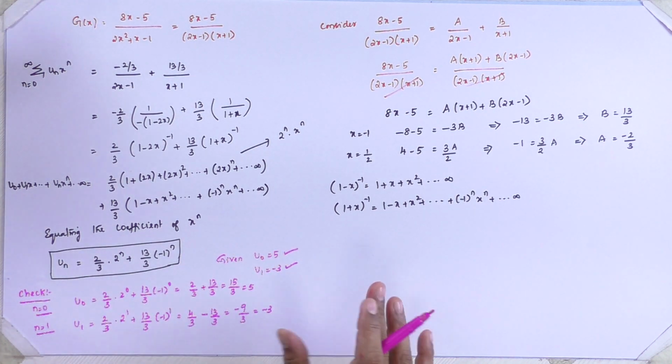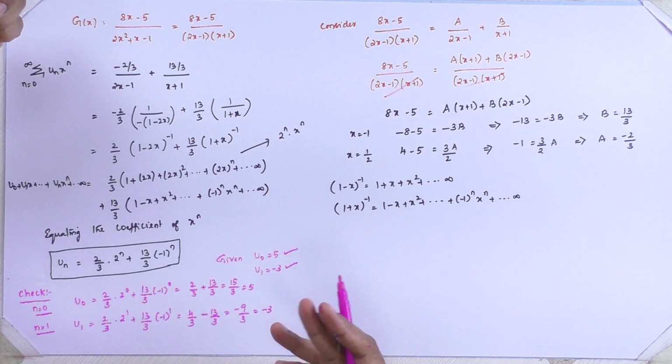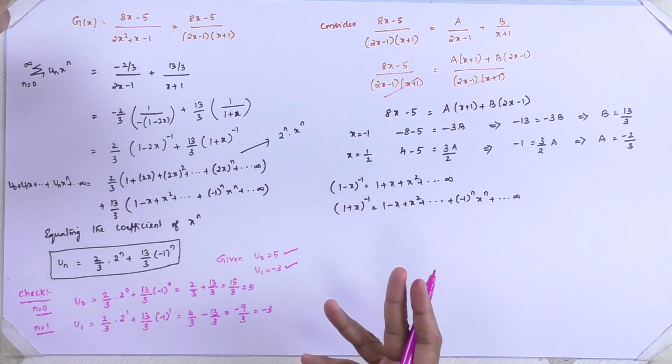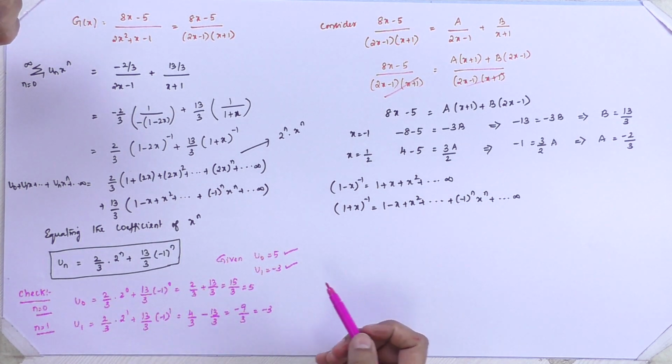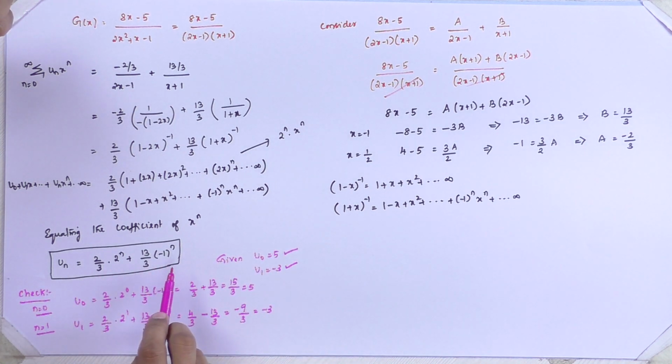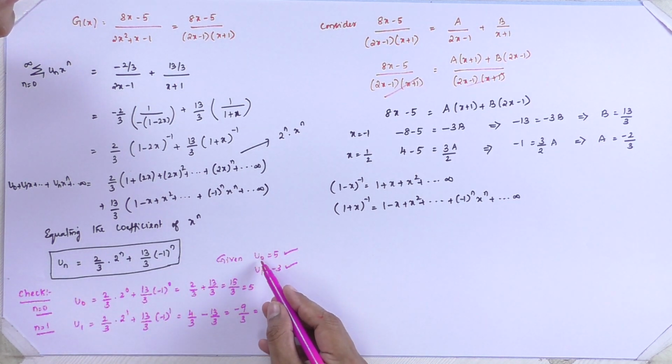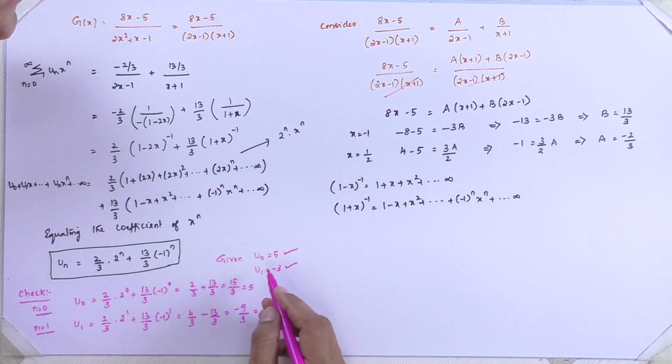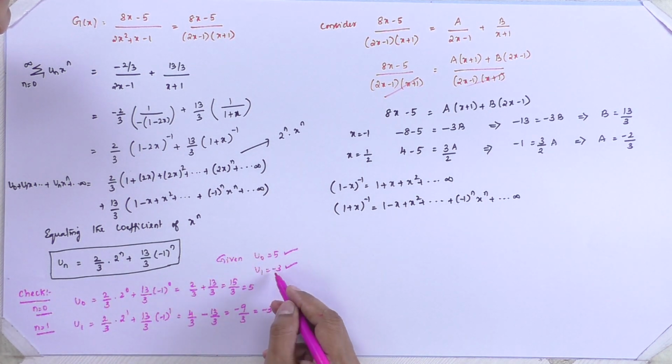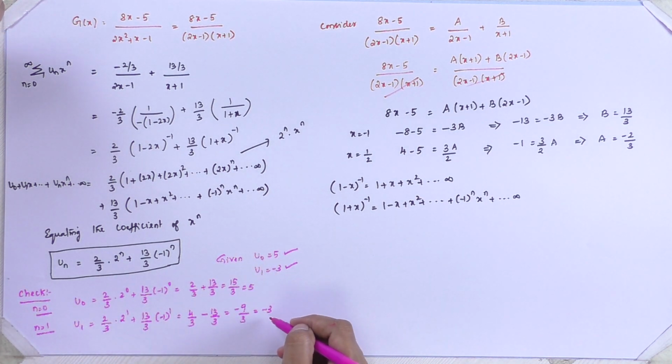See here, whenever we make use of a generating function and we solve any recurrence relation or difference equation, at the end, after getting the desired result, we can cross check whether it is right or wrong. So now I will substitute n is equal to 0 and n is equal to 1. With that, we are able to get the values of the given initial conditions as 5 and minus 3.